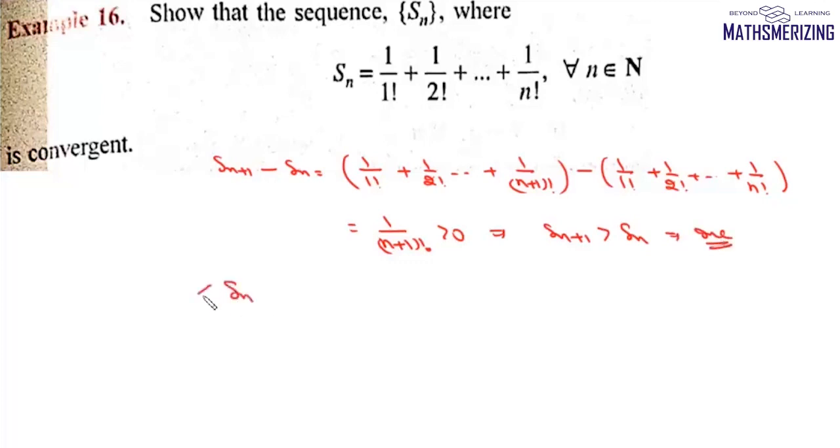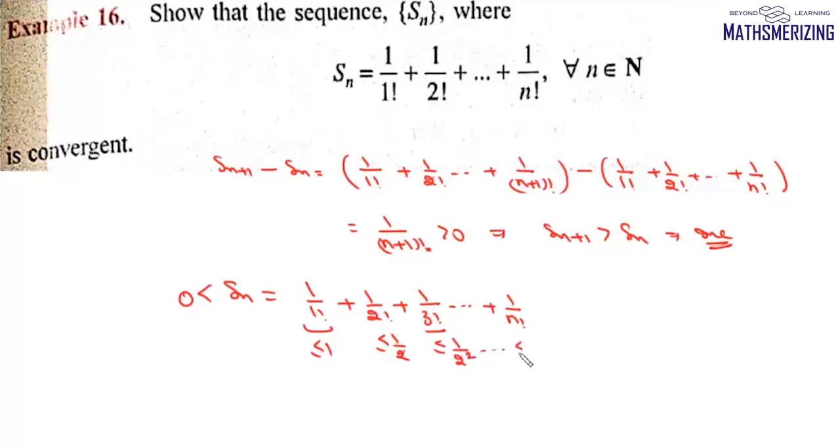Now we'll prove that this sequence is a bounded sequence. So this Sn will be greater than 0, and it is 1 upon factorial 1 plus 1 upon factorial 2 plus 1 upon factorial 3 up to 1 upon factorial n. Now this is less than or equal to 1. This is less than or equal to 1 by 2. It is less than or equal to 1 upon 2 square, and it is less than or equal to 1 upon 2 to the power of n minus 1.